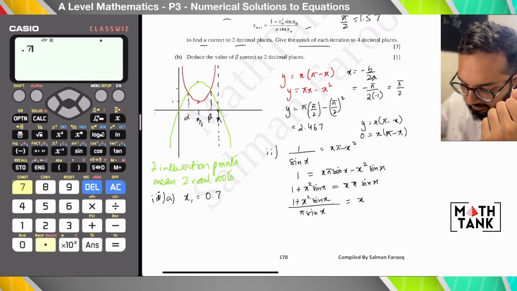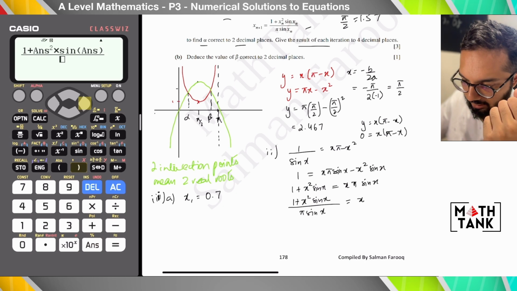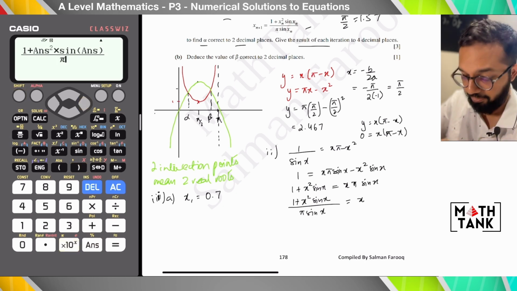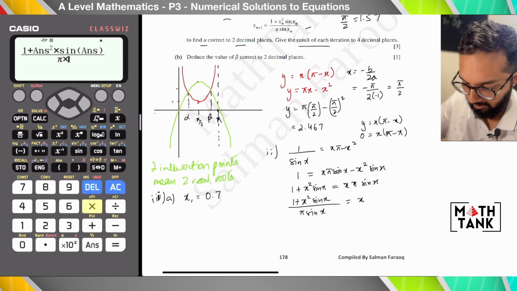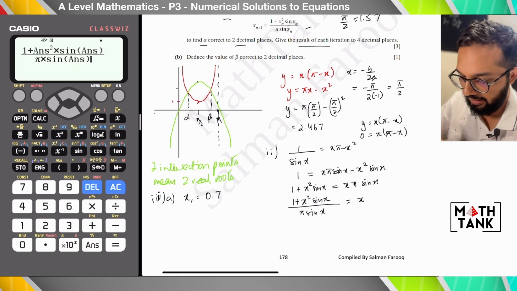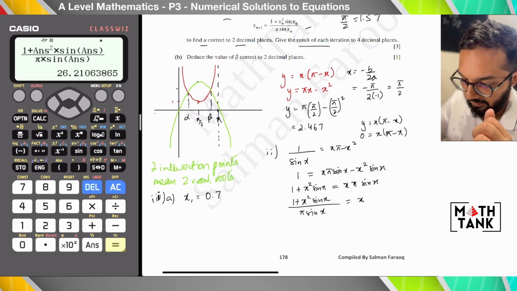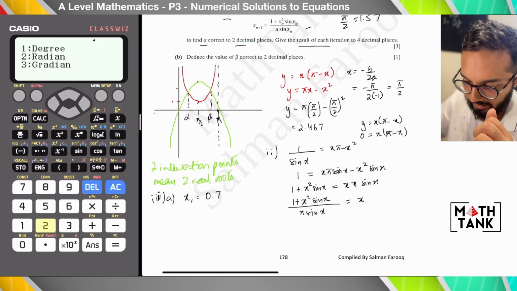I'm going to say 0.7 equals, and then I'm going to construct my expression: 1 plus answer squared into sine of answer, over pi into sine of answer. Everywhere that I have x, I've put an answer. Oh, my calculator is not in radians, I need to do that.